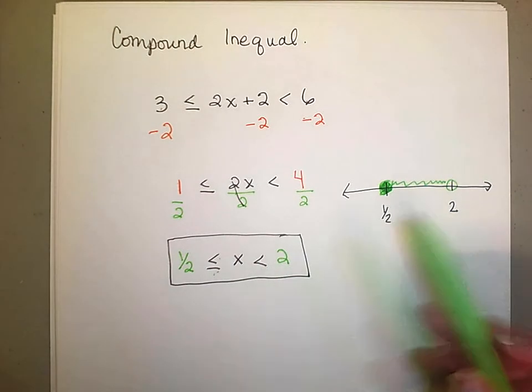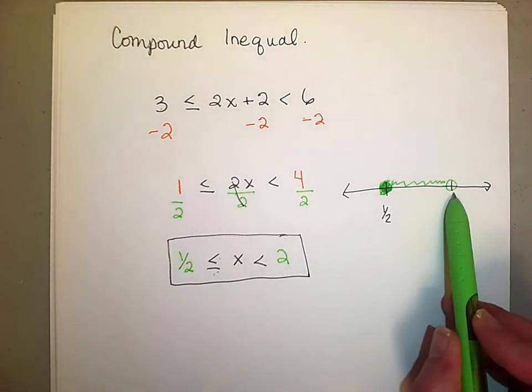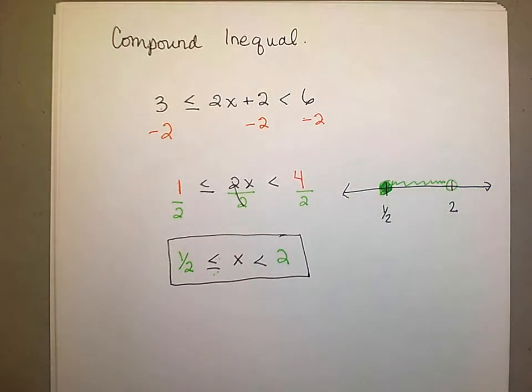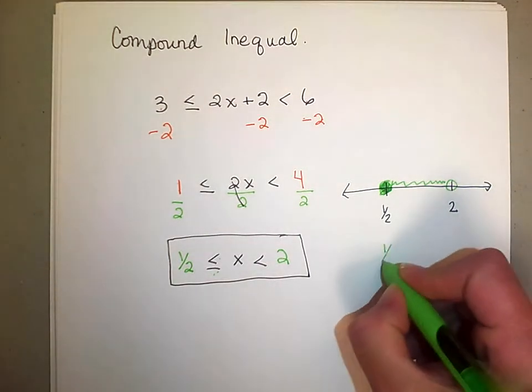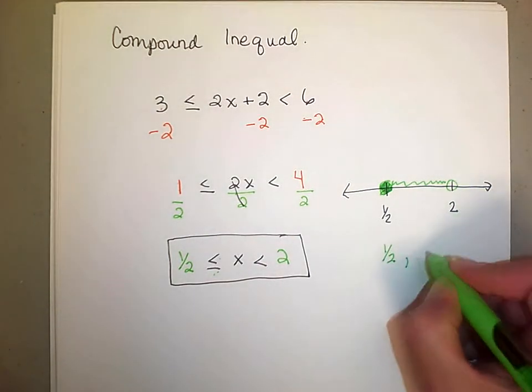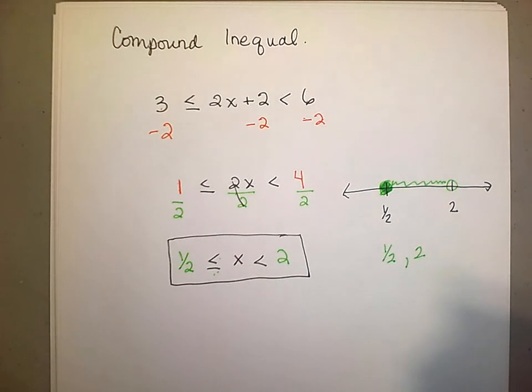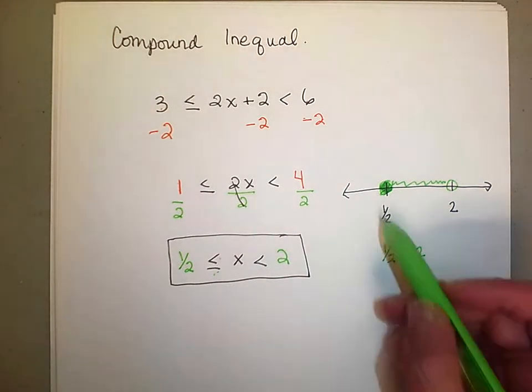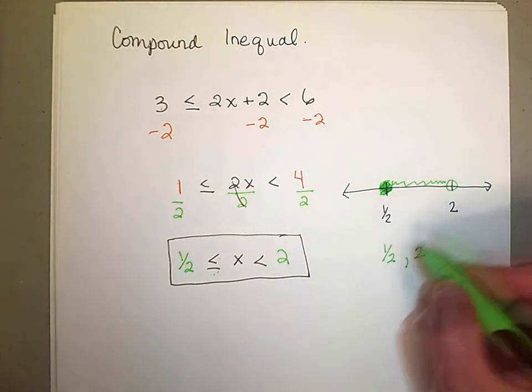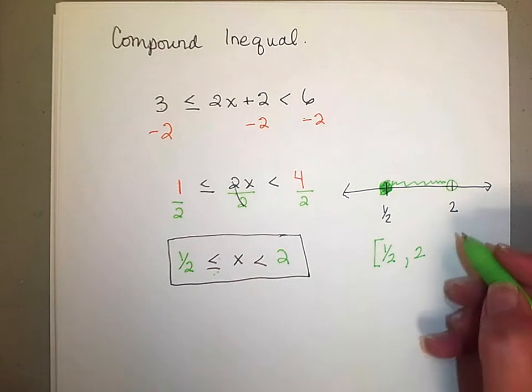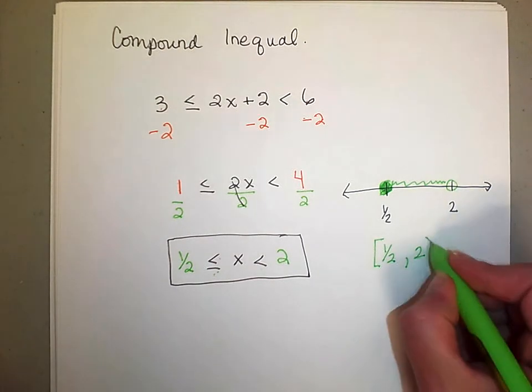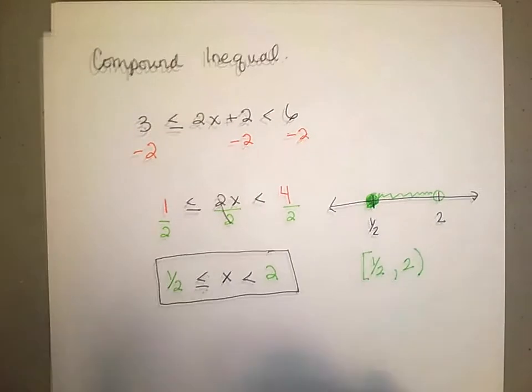But for the 2, it will not, so I'll leave that symbol open. And now the inequality looks like this. The lowest number we can take on is 1/2. The highest value we can take on is 2. 1/2 can be included, so it'll get a bracket. 2 cannot, so it will get a parenthesis.